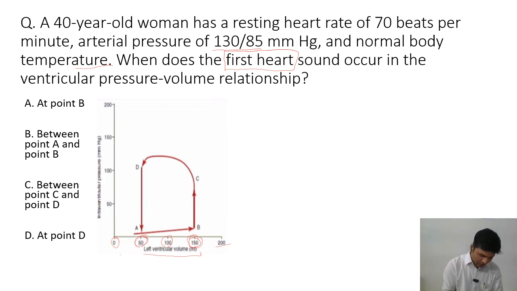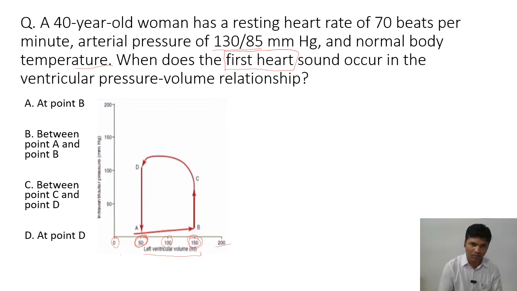Here 50 ml actually remains after blood is pumped to the aorta. That is the end systolic volume. After that, because the ventricle goes into diastole, blood will fill more and more, so blood volume increases up to 150 ml.